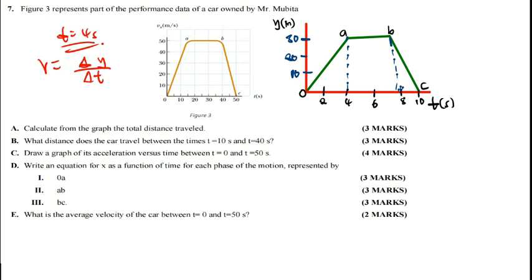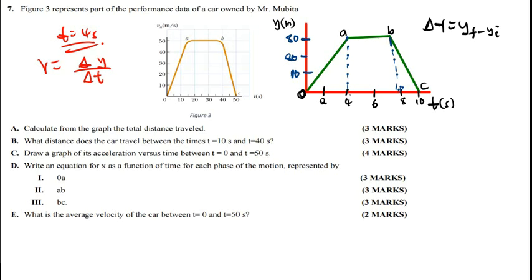So the change in y is basically y final minus y initial. When I start from the first top here, that is my y initial, which is 0. At A, that's where we're talking about when t is equal to 4.